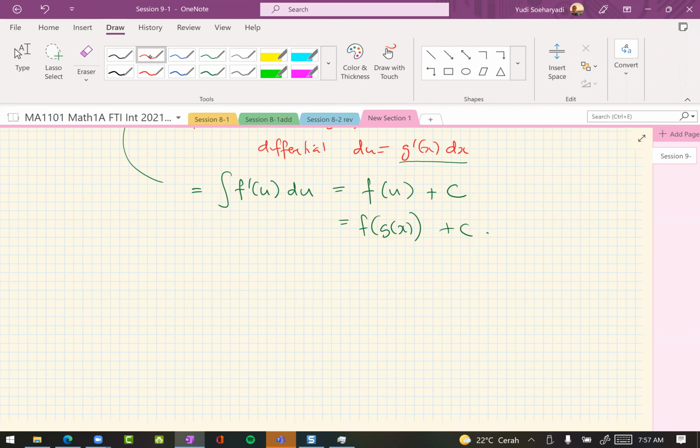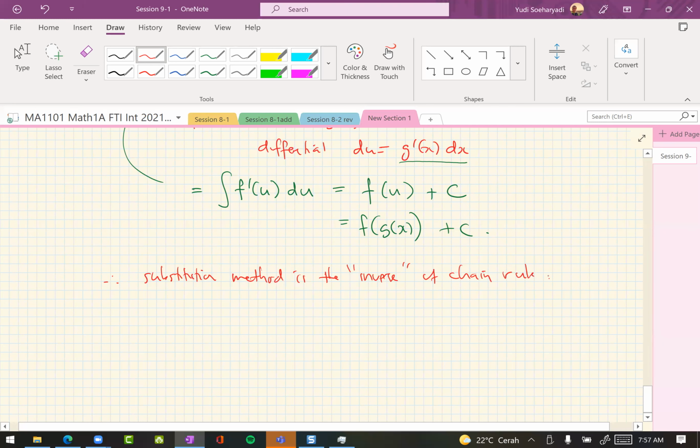So the substitution method is the inverse, not really inverse in that sense, but the inverse of the chain rule.